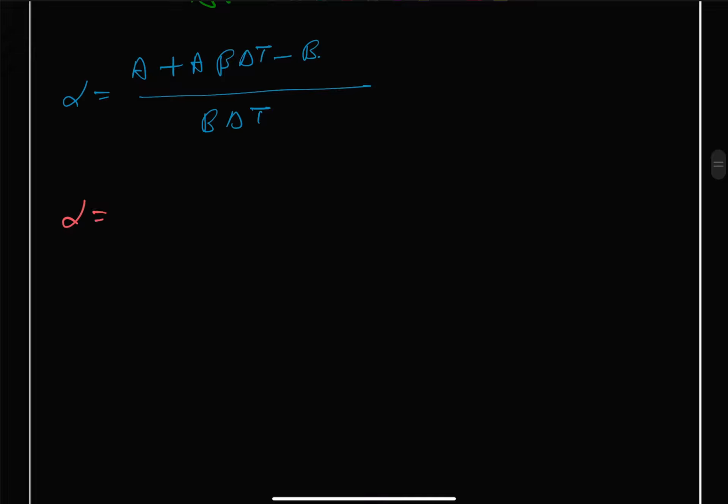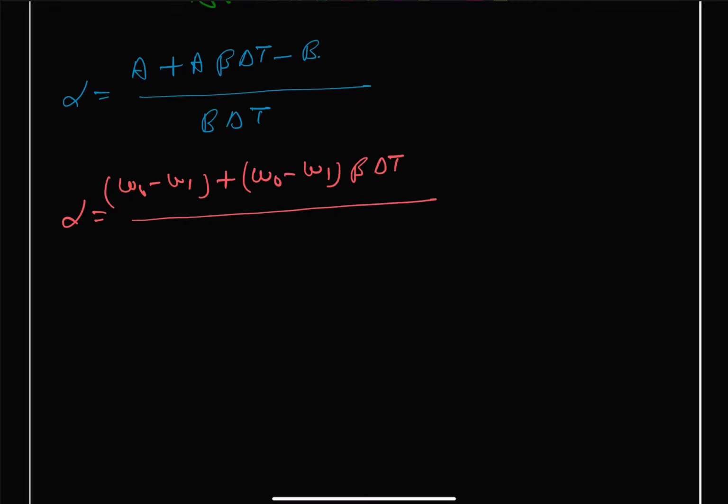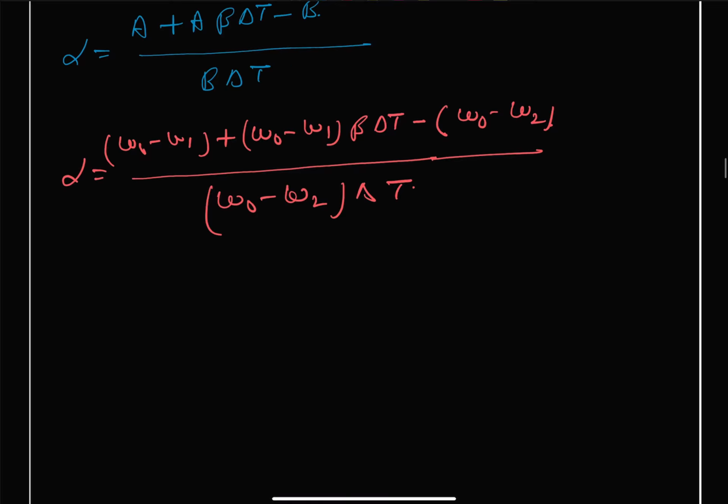So we get alpha is equal to, A is W0 minus W2 plus (W0 minus W2) times beta delta T minus B, and B is W0 minus W1, divided by (W0 minus W1) times delta T. If we open the bracket, this will come as plus and this will come as minus, so W0 and W0 cancel out.